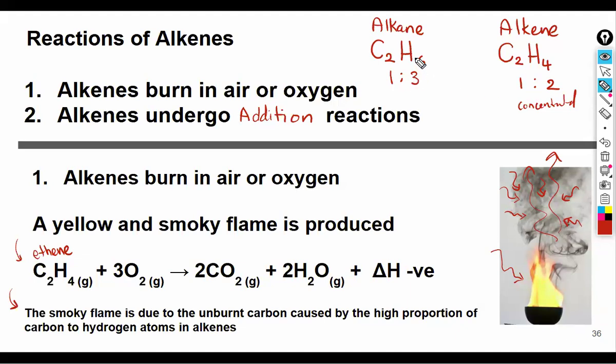And for this one, for every 3 hydrogens that come to a party, you have 1 carbon. For alkenes, the ratio is actually higher in favor of the carbons. So that's why when you burn it, it has excess carbon. It has too much carbon, right? It's not diluted enough. You can think of it like that. And that's where the smoke comes from, okay?